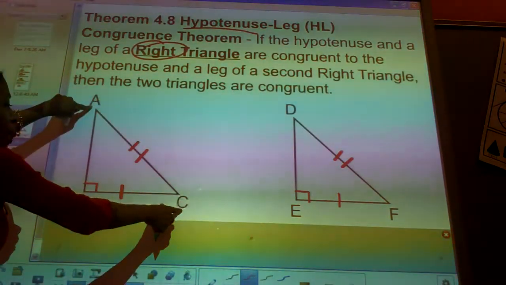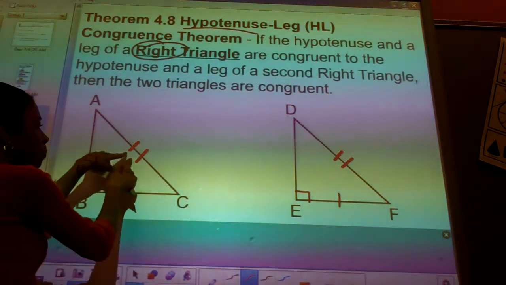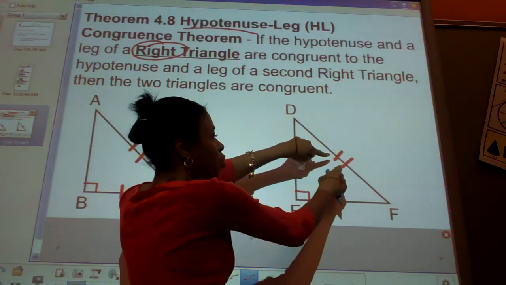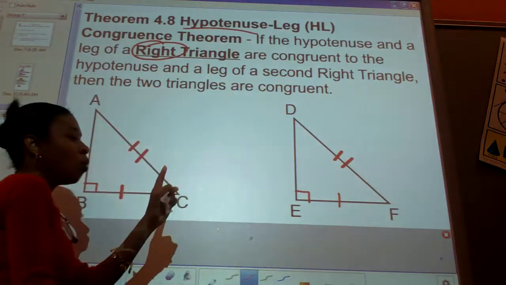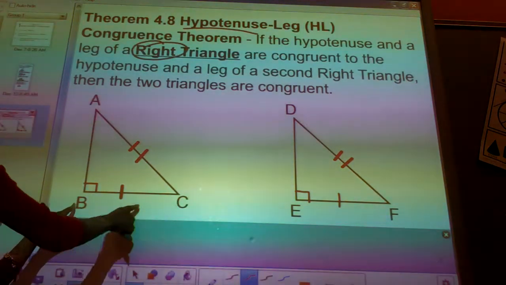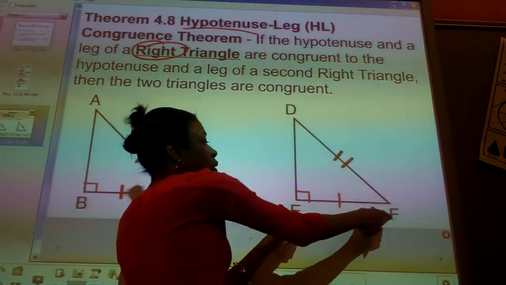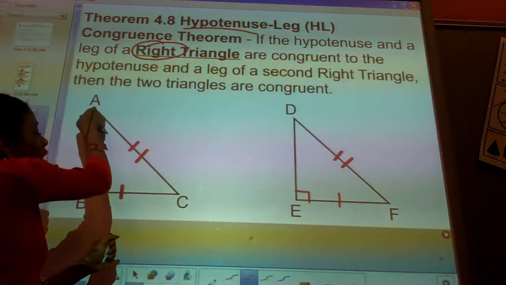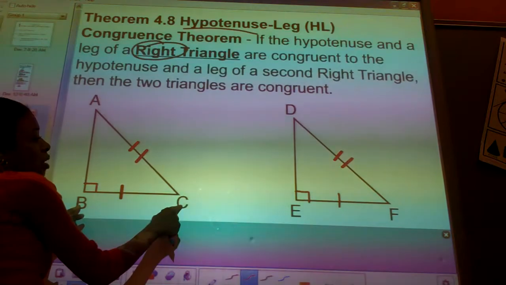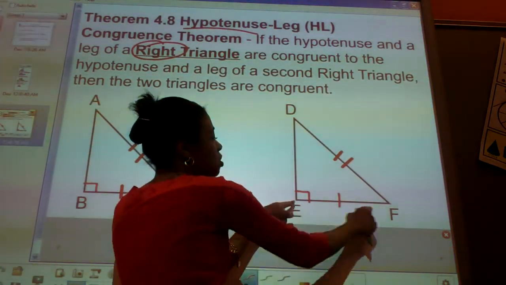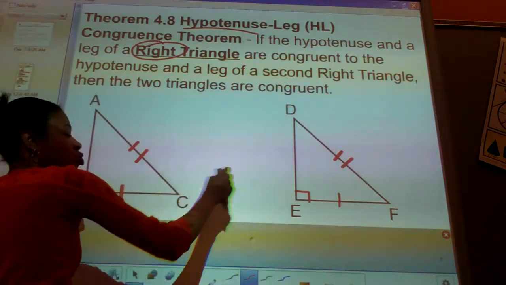So, my hypotenuse is AC. It appears that it is congruent to DF in triangle DEF. And then the one leg that I use here is BC, and because it has one marker, and EF has one marker, I use a hypotenuse and a leg on one triangle that are exactly congruent to the hypotenuse and leg on the second right triangle.